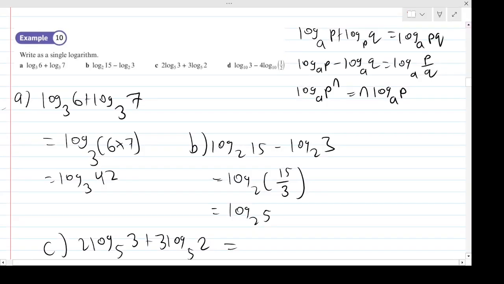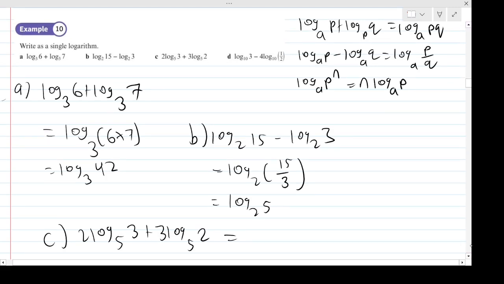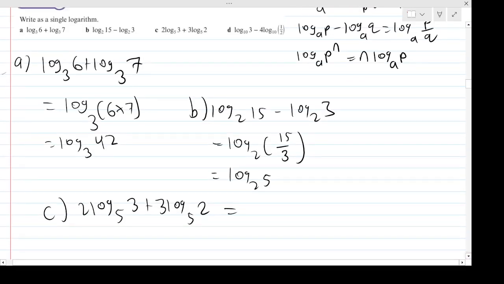What I have here in part C is two lots of log and then three lots of log. If I have different coefficients, you need to account for that. So how am I going to get rid of the 2 and the 3?